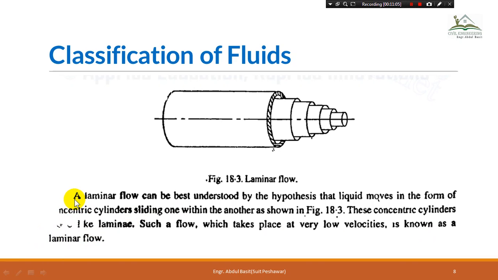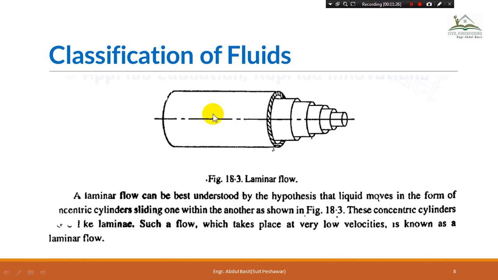Here is a simple example of laminar flow. For example, we have different layers of the fluid flow, and these layers are in the form of cylinders which are wrapped around each other, as shown in this figure.